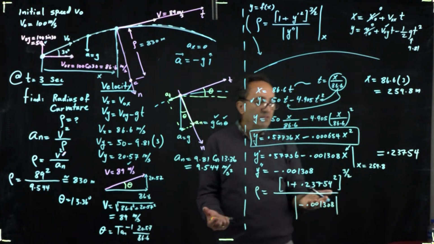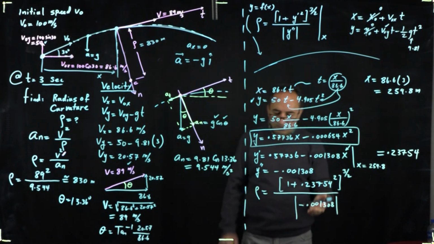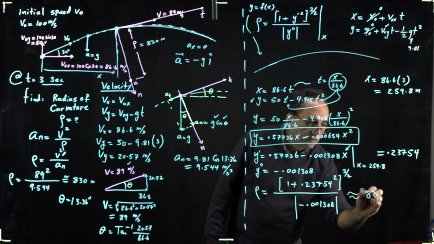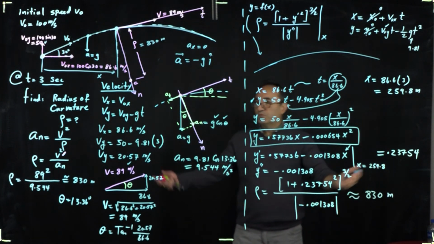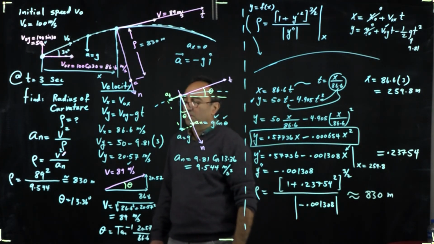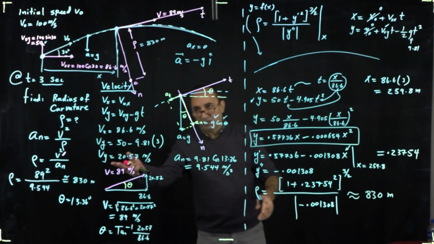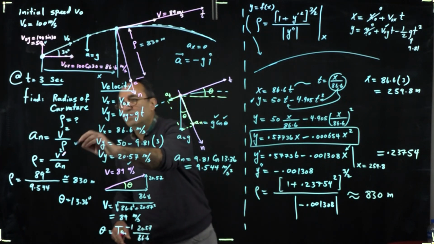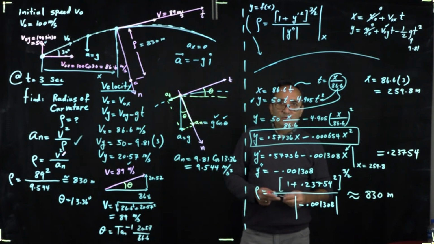Rho represents just a radius, a distance, right? And this is 830 meters. So 2 ways that we solved this problem: one more mathematical, one based on the centripetal acceleration, a normal equal v squared over rho, and we got the same results.